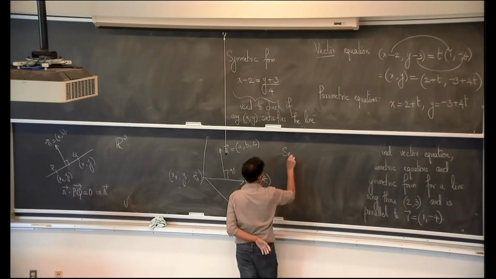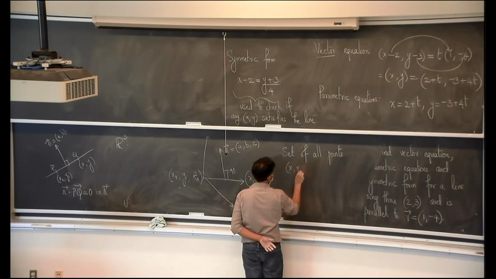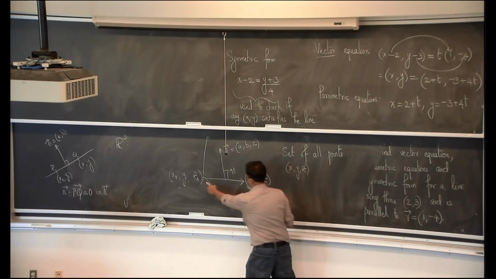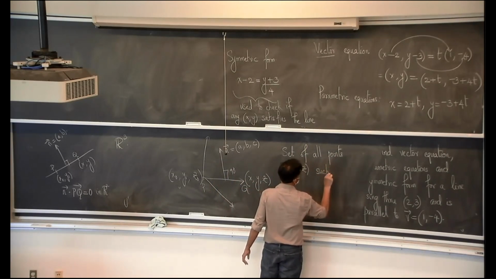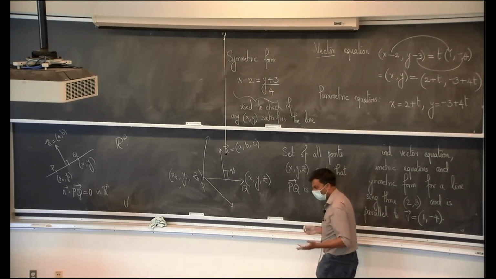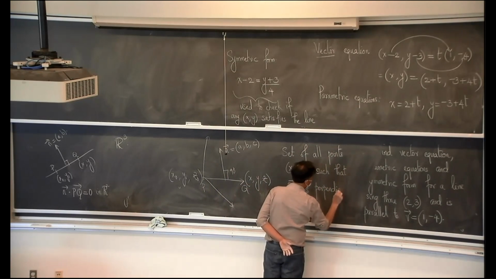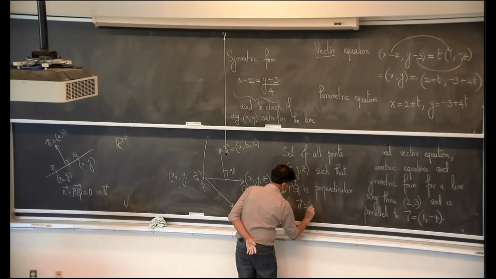So the set of all points x, y, z such that this vector pq is perpendicular or normal to this vector n equal to ABC.